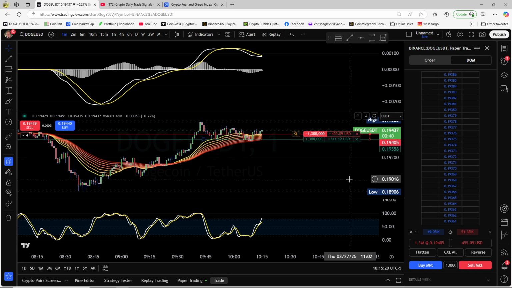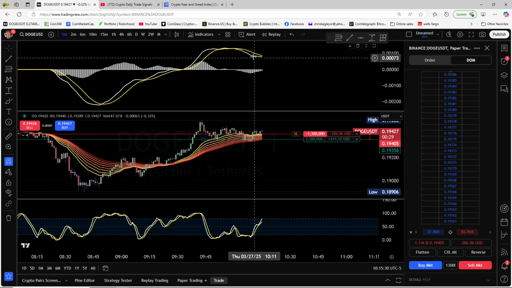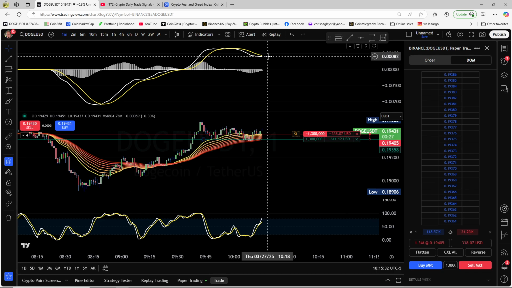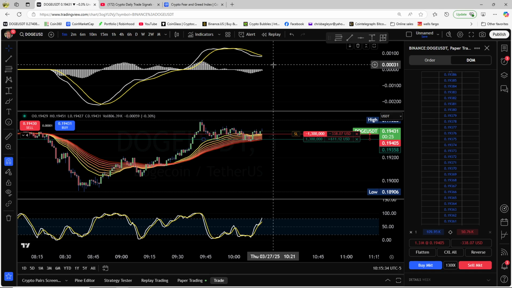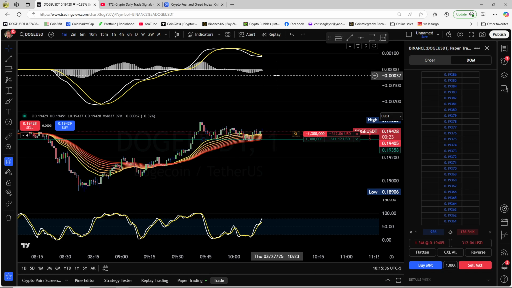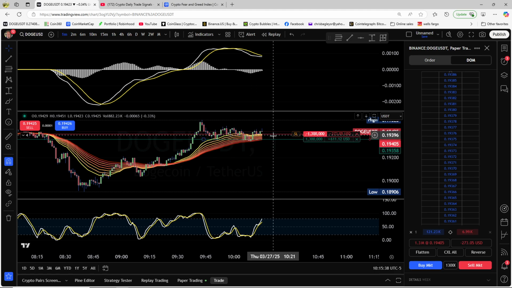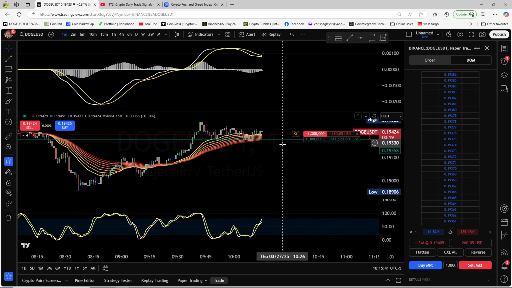I'm going to have to wait for it to come back down now. As you can see, my IMACD, the white line is trading sideways, and so is the yellow. So we're just going to trade back and forth in this little range here.